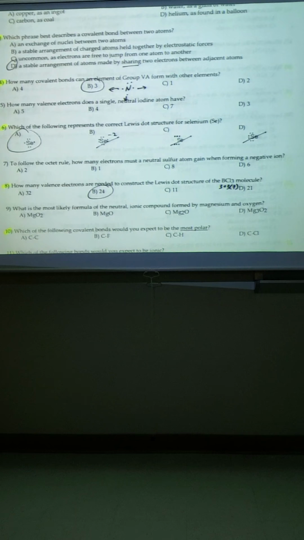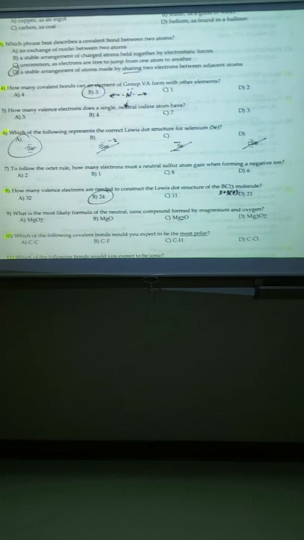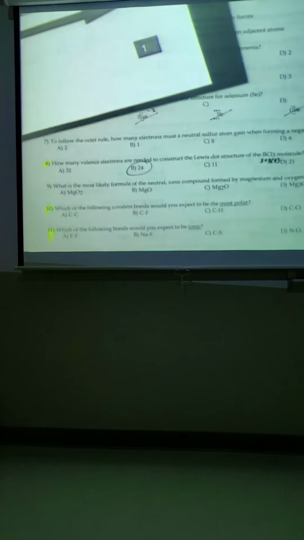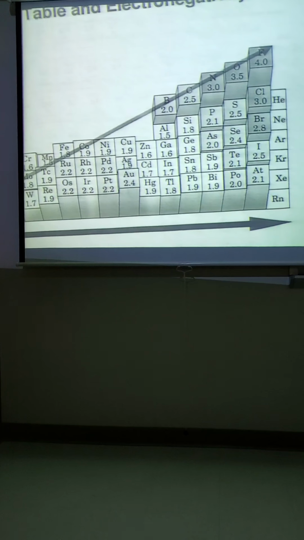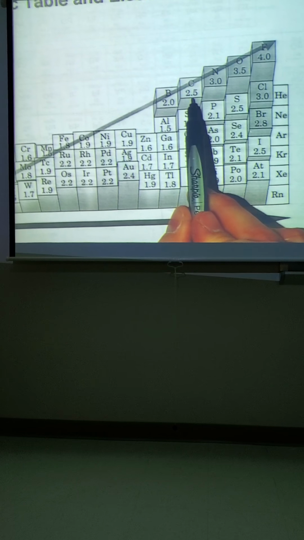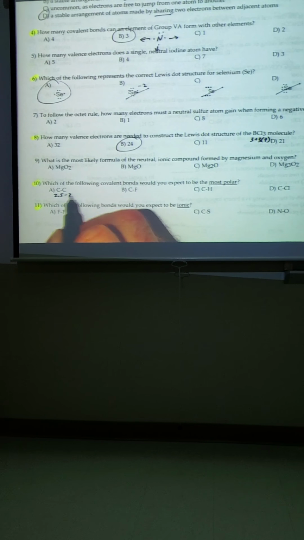Number 10 says most polar. To know most polar, we have to use electronegativity. So the first one was carbon to carbon. That's going to be 2.5, 2.5, that would be least polar. So that's 0 difference.